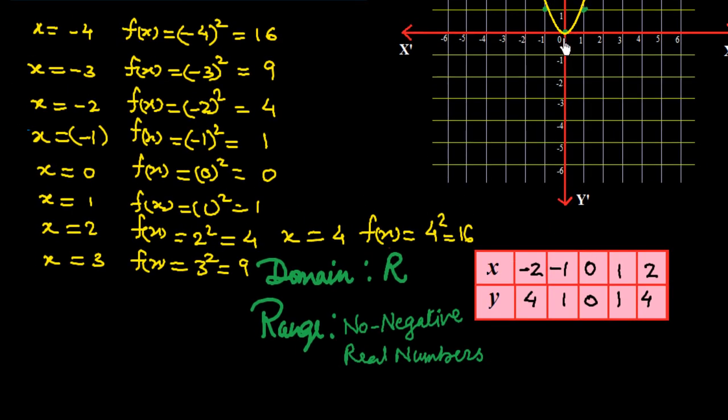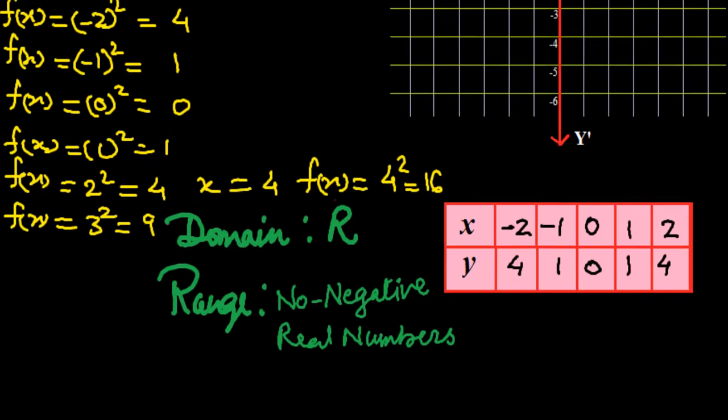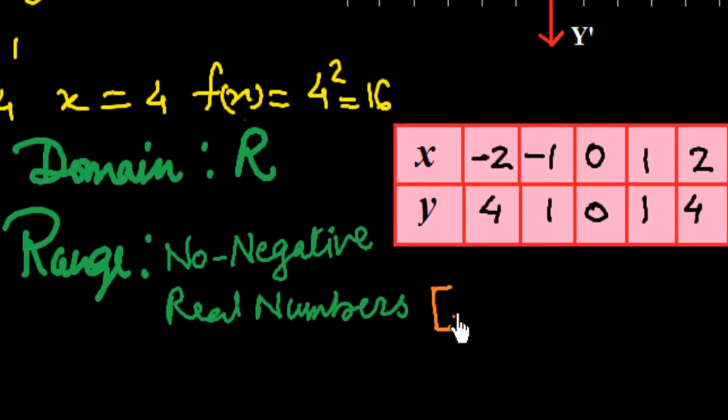The negative real numbers are not in this range. And we could write it in another way, 0 to infinity, where 0 is included. This would be the range, and the domain would be R here.